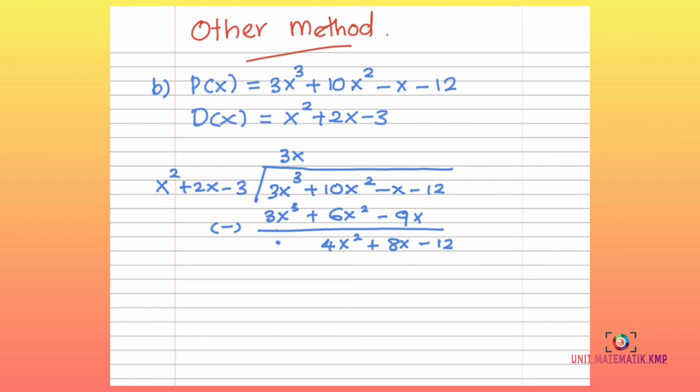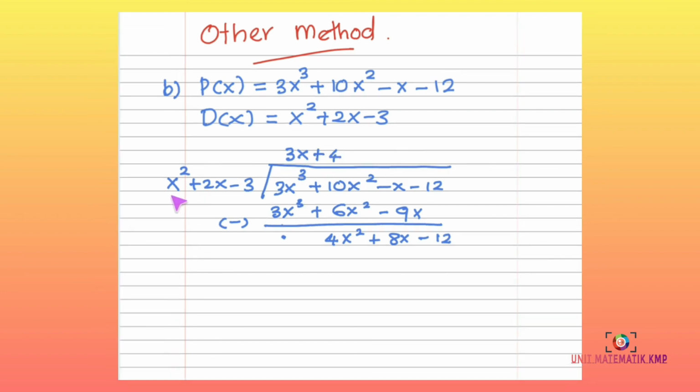So we can proceed. x^2 times what equals 4x^2? We know that x^2 times positive 4 is 4x^2. 4 times 2x is 8x. 4 times negative 3 is negative 12. So, subtract. We have the remainder is 0.